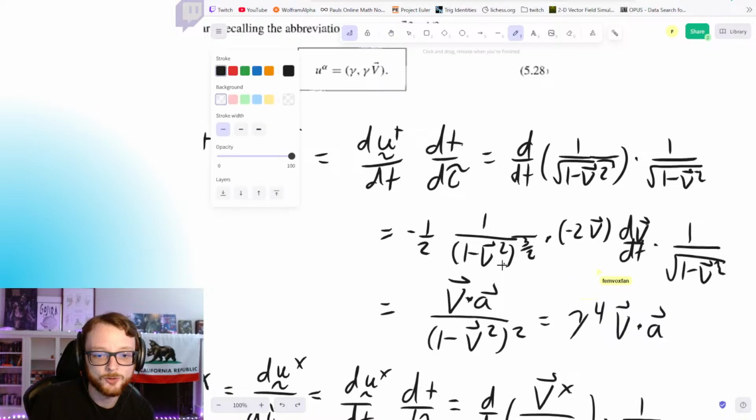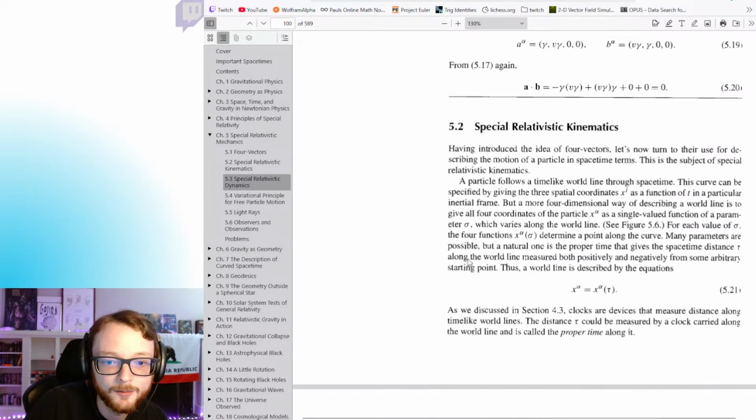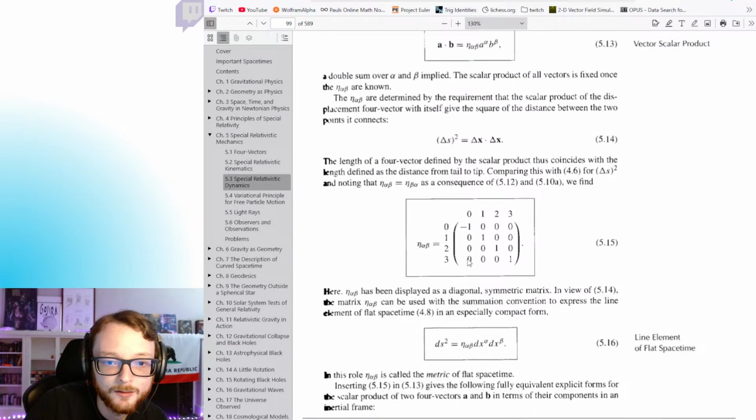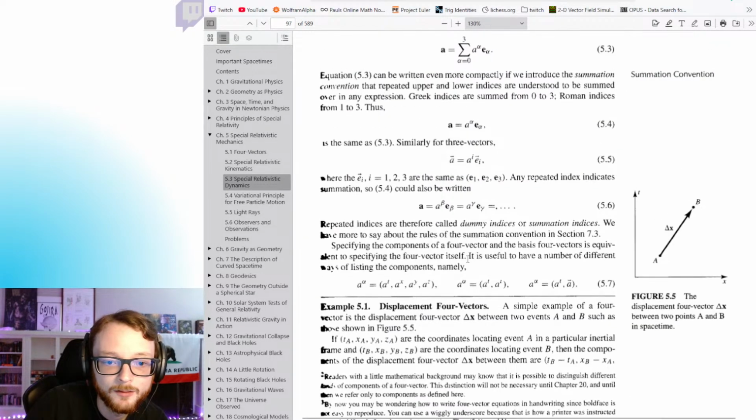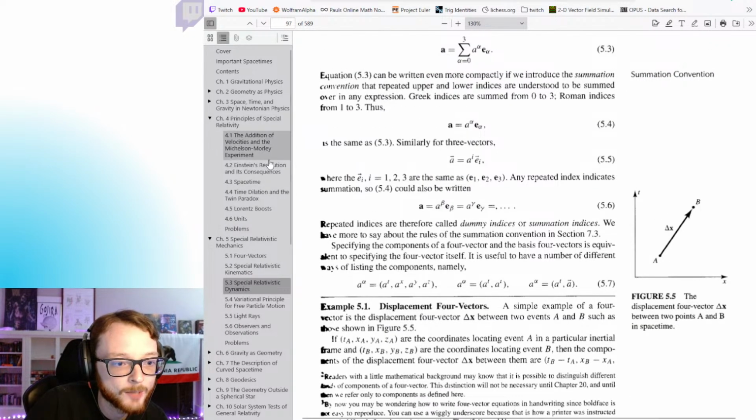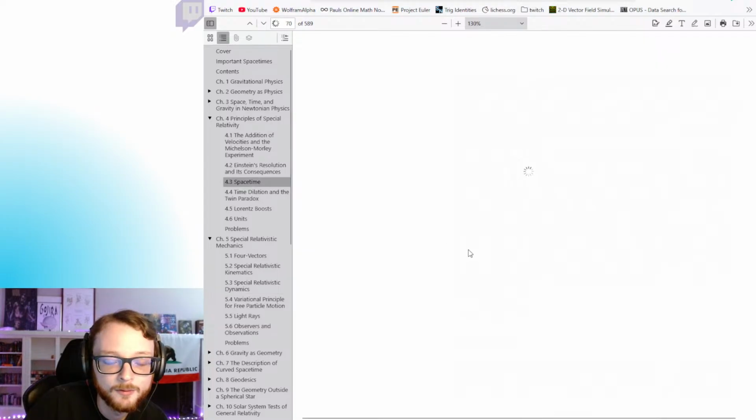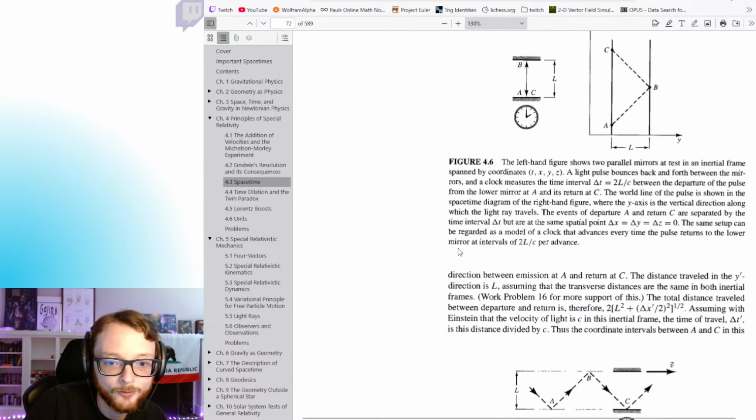I'm just realizing in the definition of gamma, they're saying 3 vector V. I think it meant the magnitude of 3 vector V. I guess they would have gone over this in chapter 4. Just because as they write it, it doesn't quite make sense to me what that V is.